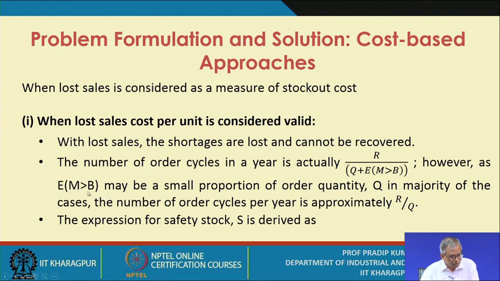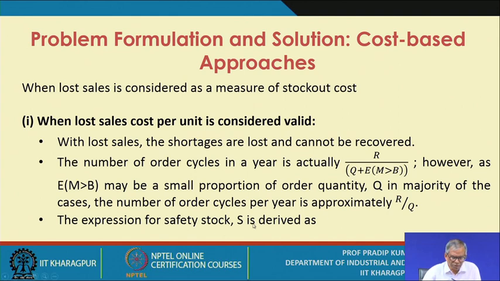However, as this expected number of units short, the notation is E(M > B), may be a small proportion of the order quantity Q in the majority of cases, maybe 90% of the cases, the number of order cycles per year is approximately R by Q. If you have this approximation, it will hardly affect the results which you get in the majority of cases.